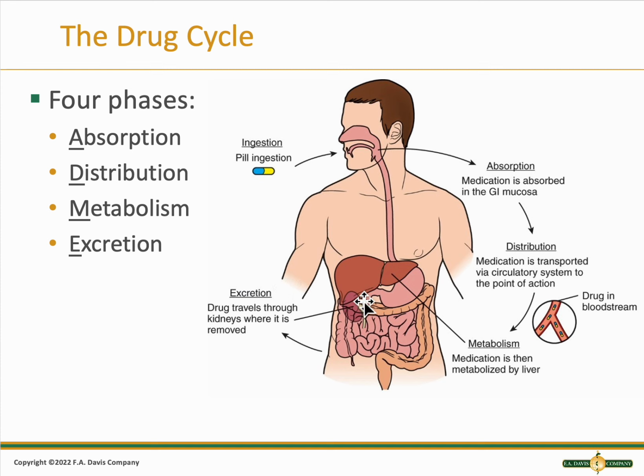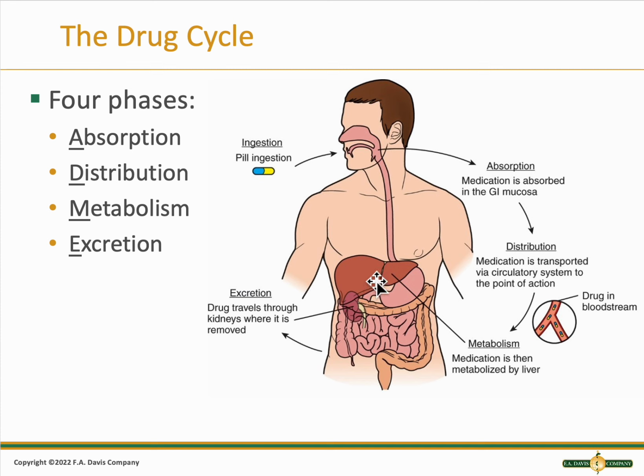And then the medication at some point will go through the liver. I know that I've talked about this a couple of different ways, a couple different times, that the liver does a bunch of different things.